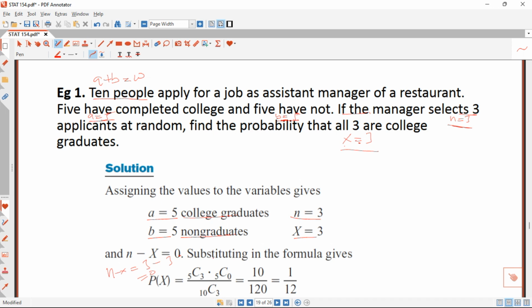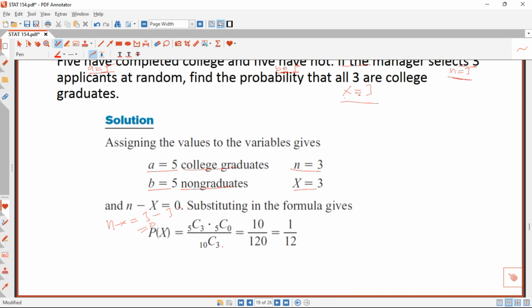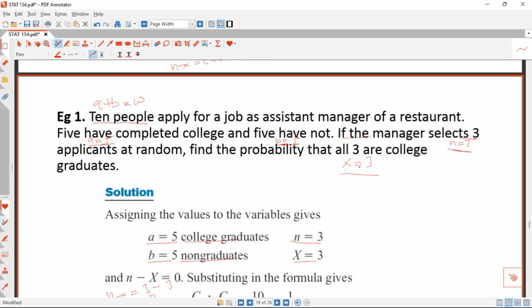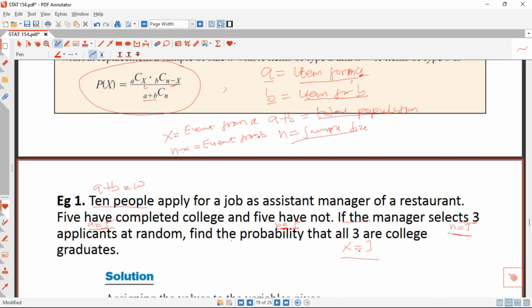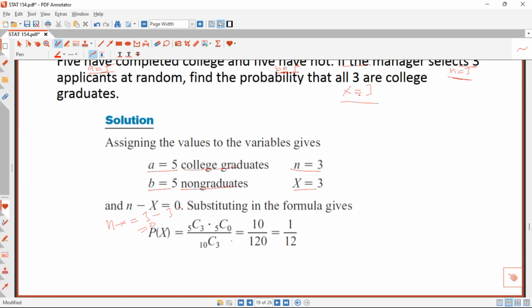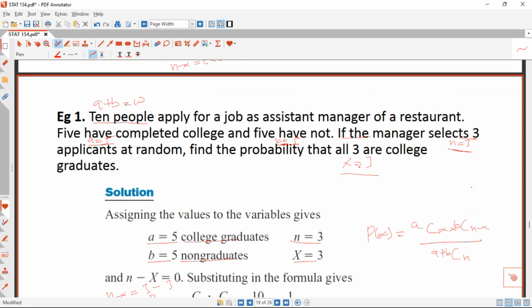So what is left for us to do is to just write our PMF and then just substitute in the values. So we know that our PMF is given as A combination x, times B combination n minus x, divided by A plus B combination n, as you can see there.